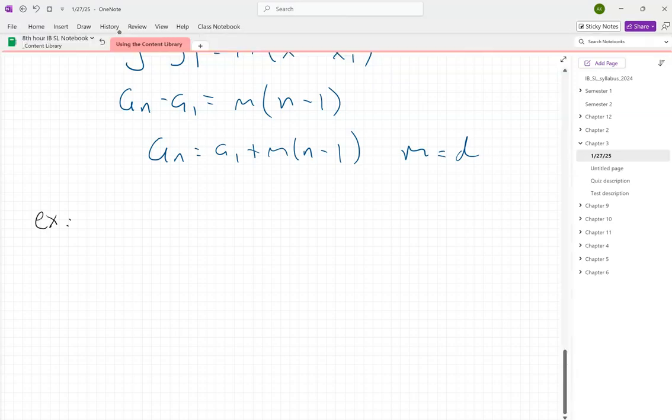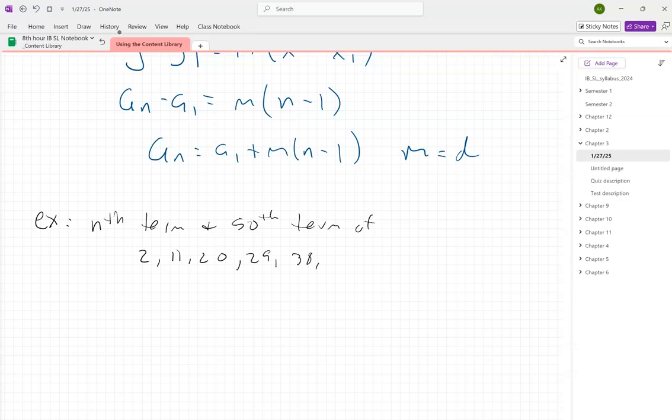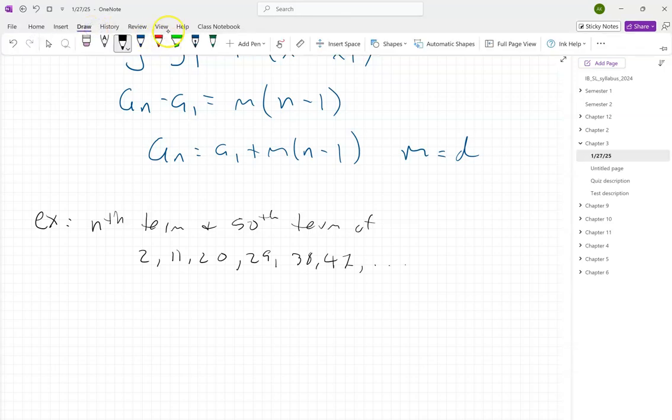All right, it says find the nth term and 50th term of the sequence. So first thing I'm going to do is identify the type of sequence I have, because ideally other stuff could get mixed up in here.